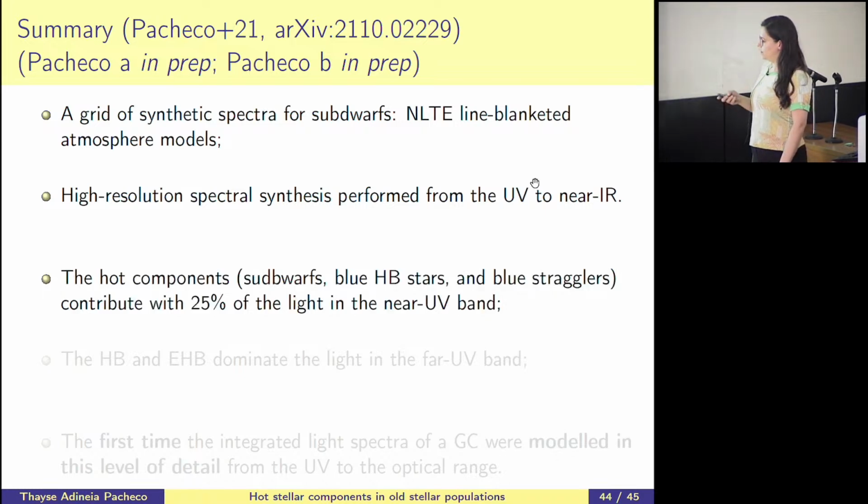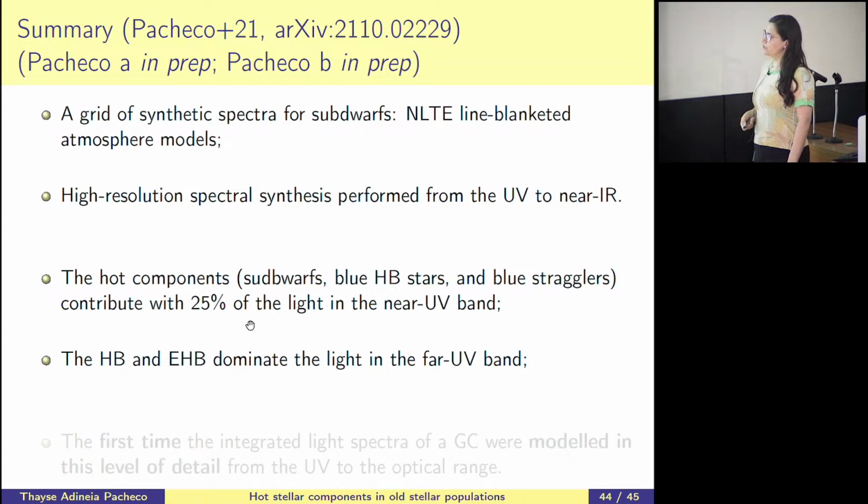And the hot components, such as subdwarfs, blue horizontal branch stars, and blue stragglers, contribute 25% of the light in the near ultraviolet band. And the horizontal branch and the extreme horizontal branch dominate the light in the far ultraviolet band.